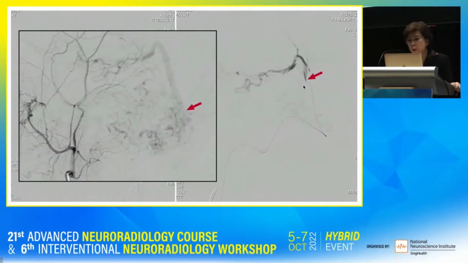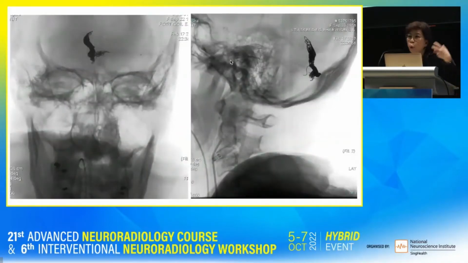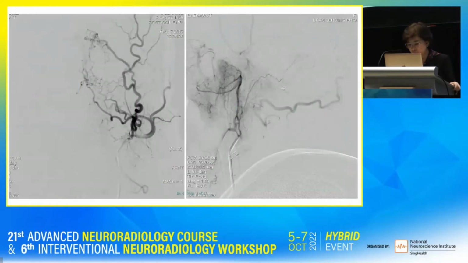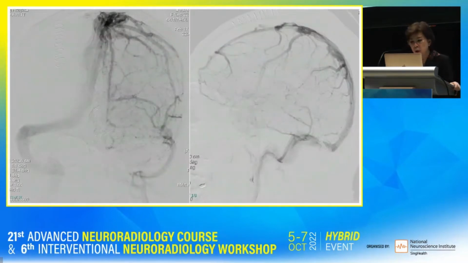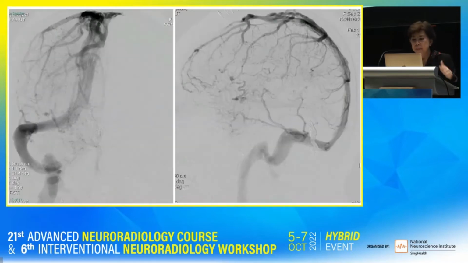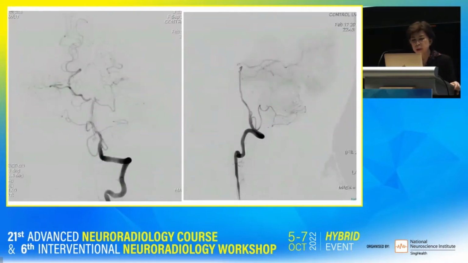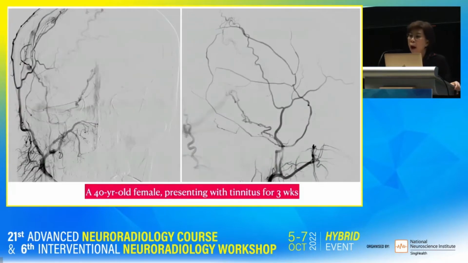After we succeed in going there, we just put in the coil, we still use the fibered coil. After packing the coil, you can see that all the shunts are gone and everything is okay. And in almost all cases the straight sinus and the vein of Galen will not come back, but the brain can empty like this on the right side, on the left side, even from the vertebral artery.